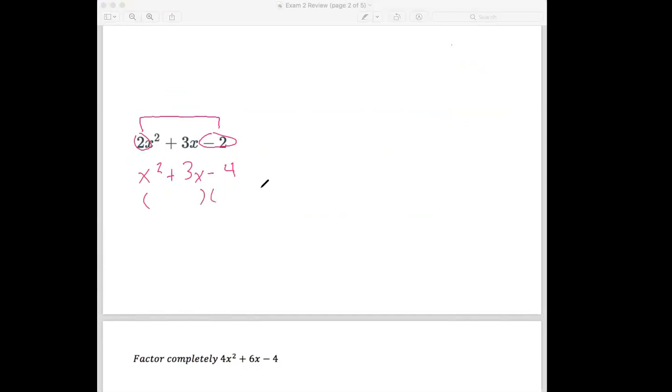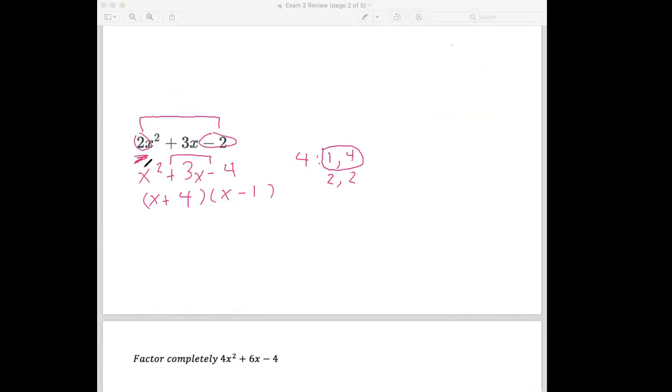Factor this trinomial. X plus, x minus, factors of 4. 1 and 4, 2 and 2. It looks like in order to get a 3, we're going to need to use a combination of these, plus 4, a minus 1.